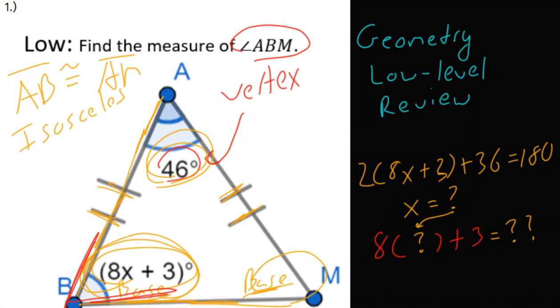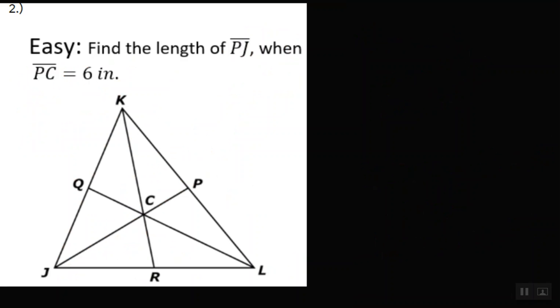Alright, let's move on. Okay, here in example 2, it says find the length of PJ. And guys, I always want you to identify, look, PJ is this whole thing, so I'm going to label it the whole. We're also given PC, in purple, we're given that PC is 6 inches. Well, if you will recall, PC is the short side, and CJ here, let me use a different color, CJ here is the long side.